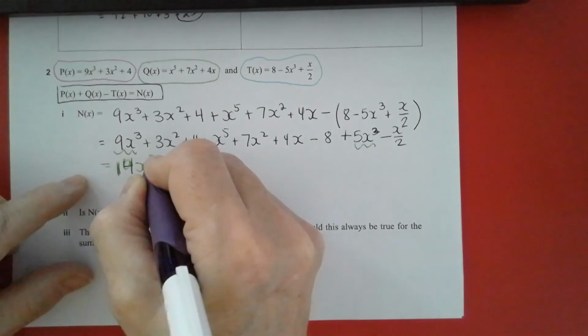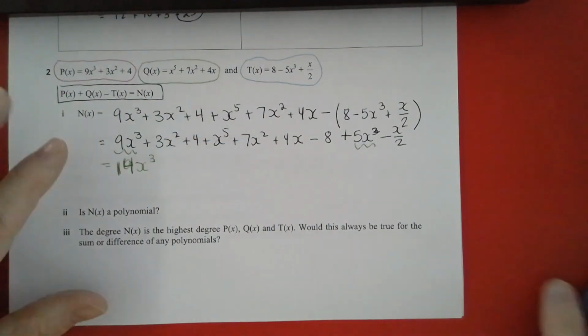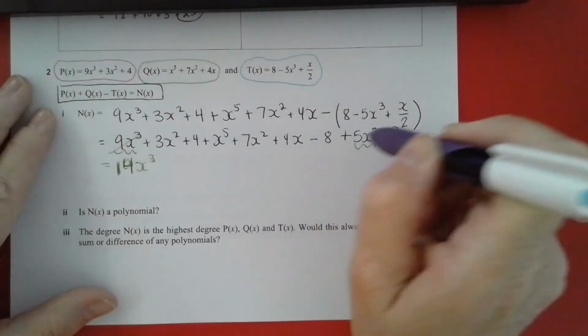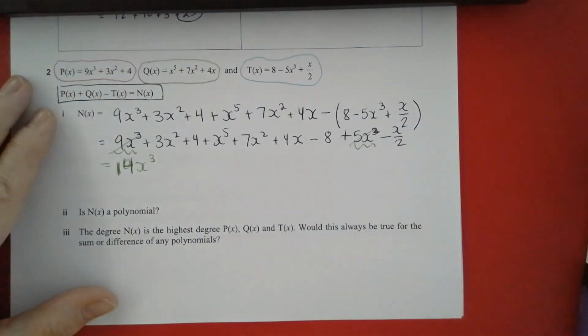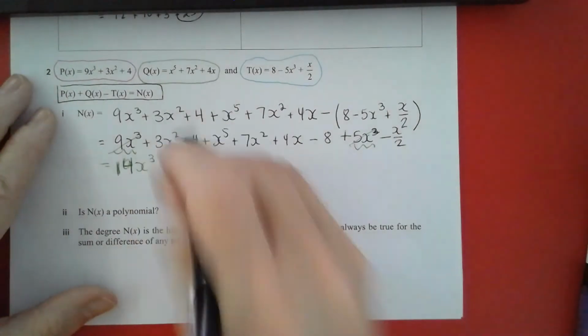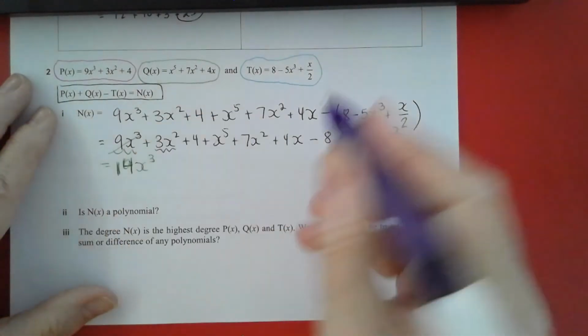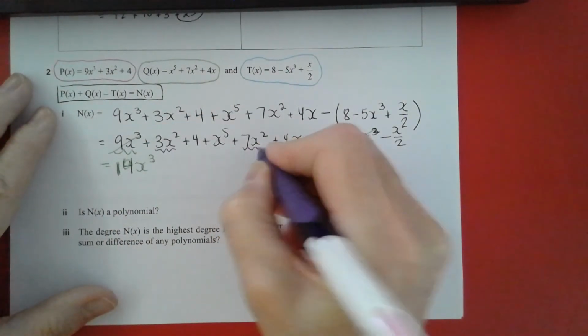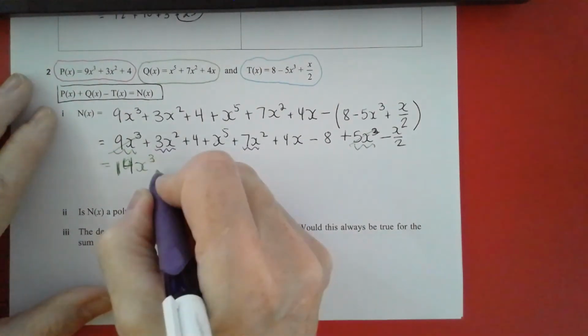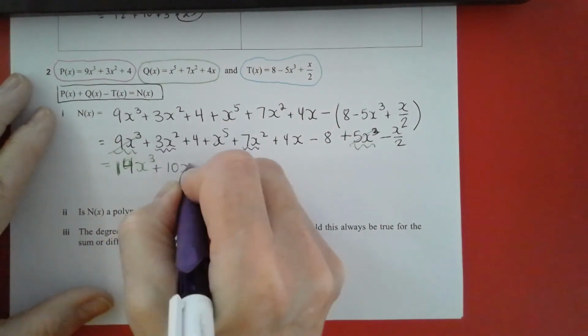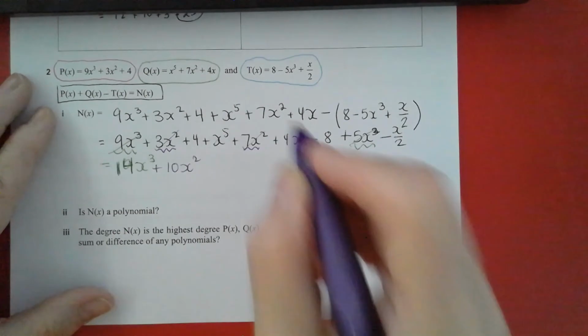All right? So those are gone now. You can cross them out so you don't use them again. And then I have an x squared here. There's another one. And that's it. Plus 10x squared. Those are gone now.